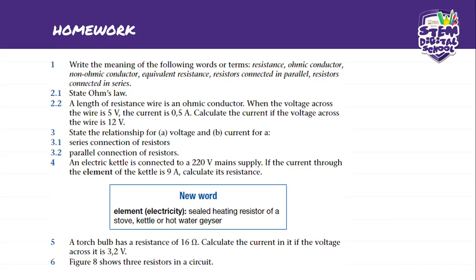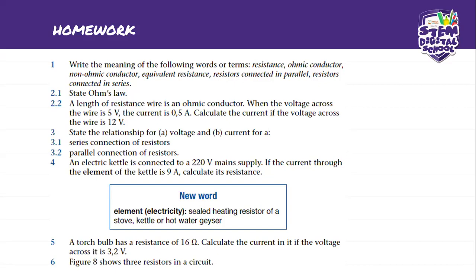Okay, so number 3 says state the relationship for A, voltage, and B, current, for a series connection of resistors. So the relationship for voltage in a series circuit is that it's a voltage divider, and the voltage across the circuit will be V is equal to V1 plus V2 plus V3.